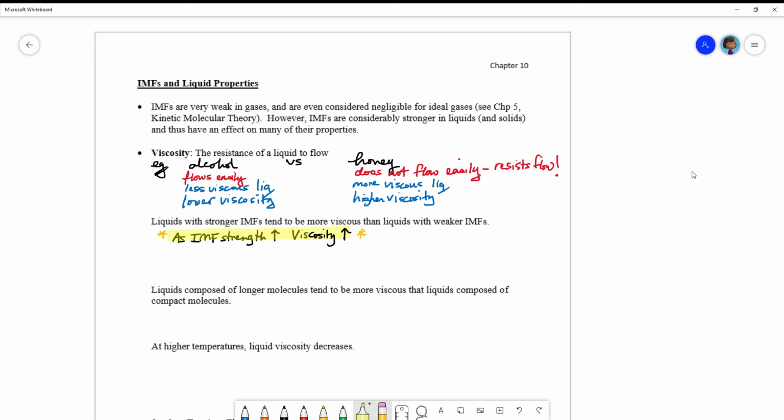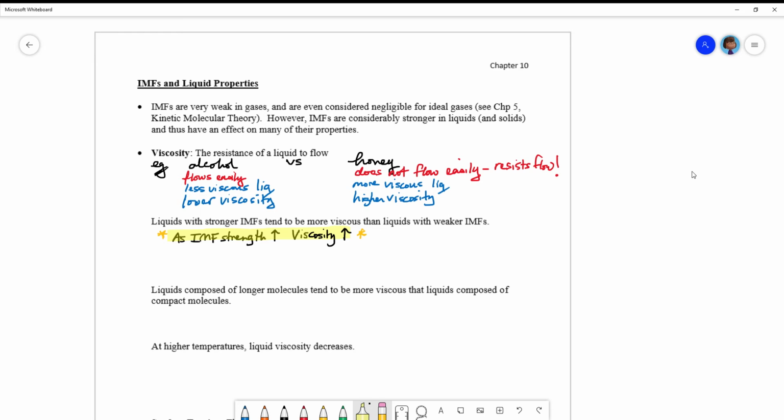So why is that the case? Why would stronger intermolecular forces lead to liquids being more viscous? Well, in order for a liquid to flow easily, the molecules of that liquid need to be able to glide or slide smoothly past one another. Now, if IMFs are stronger, those liquid molecules are attracted to each other.